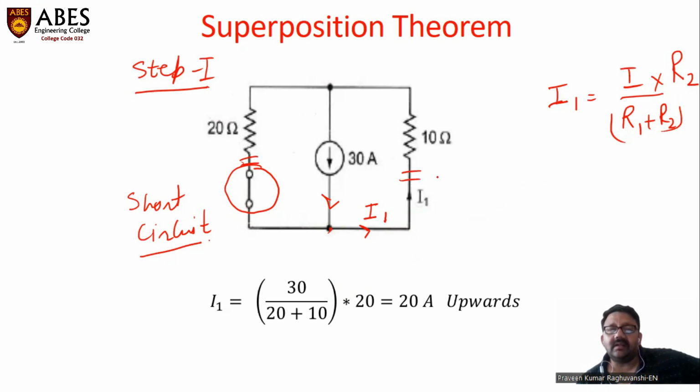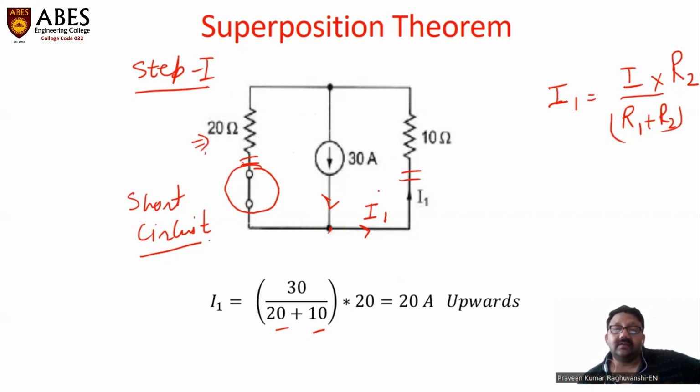So by using the current divider, here the 30 ampere current is divided into two parallel paths. One is the path of 20 ohm resistance, the other is the path of 10 ohm resistance. We are interested in the 10 ohm resistance current. So I1 is the total current divided by the sum of resistances of parallel paths multiplied by the resistance of the opposite branch, and the opposite branch is 20.